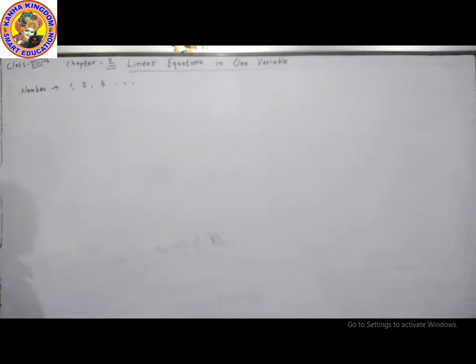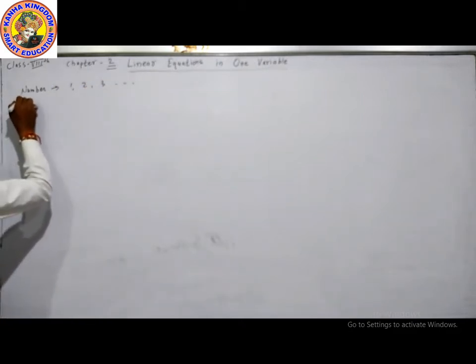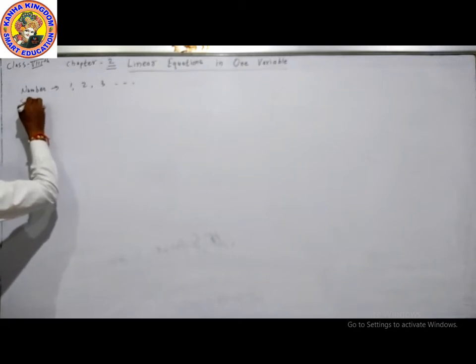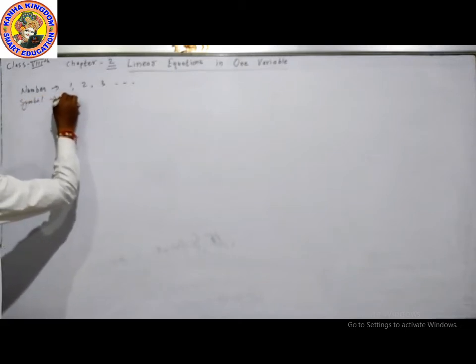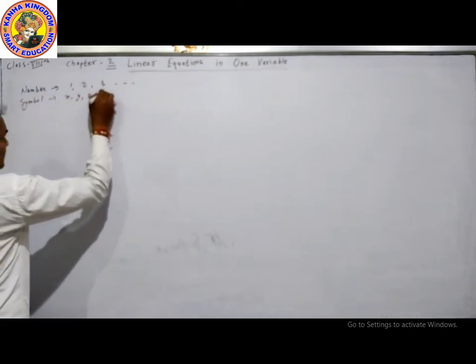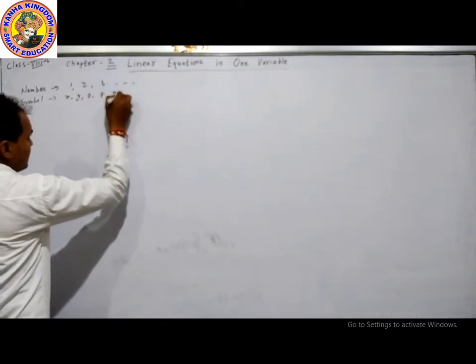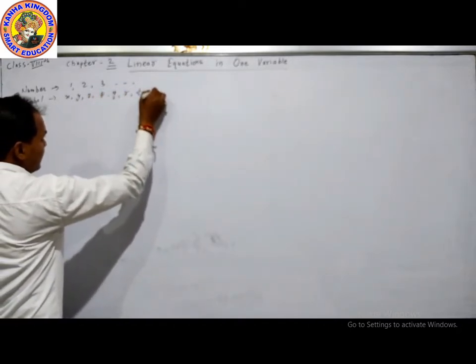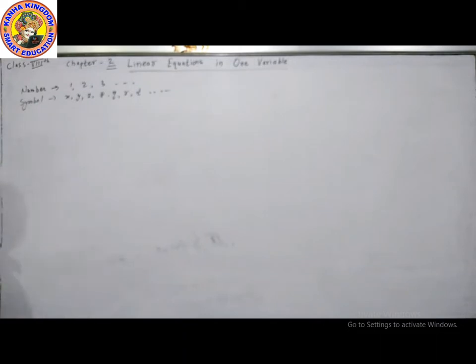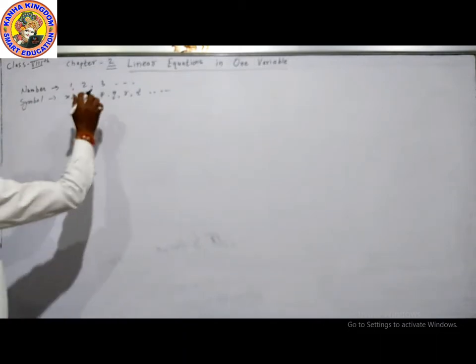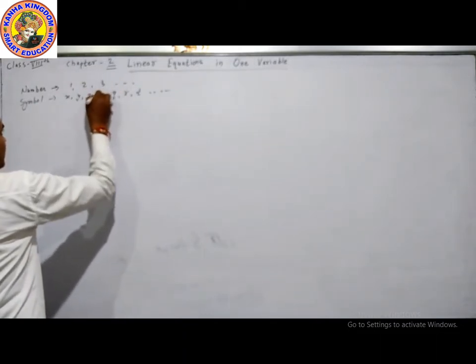These are called numbers, and another term is symbol: X, Y, Z, P, Q, R, T, and many more. These are called symbols. Okay, student.